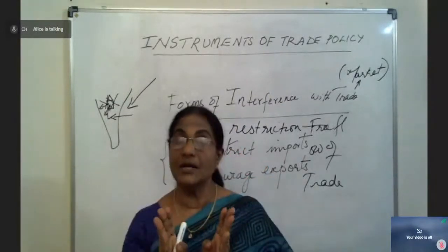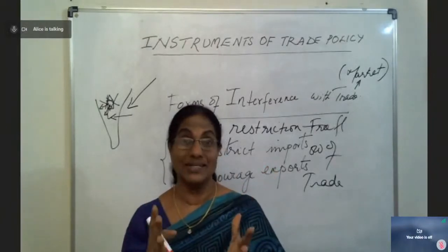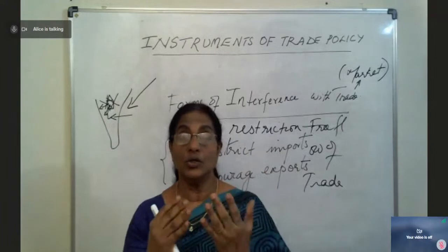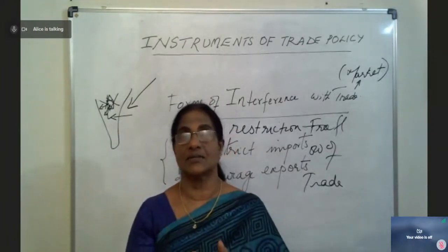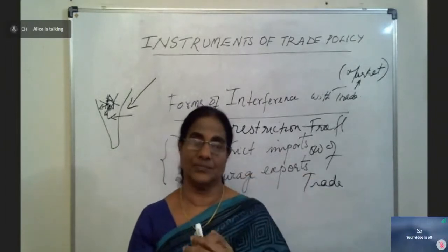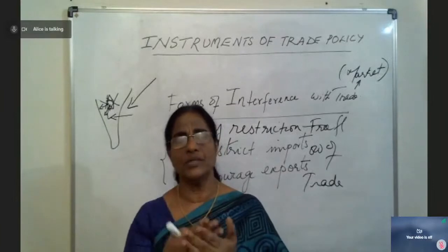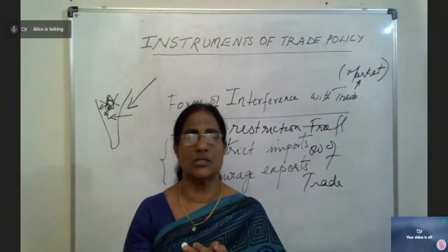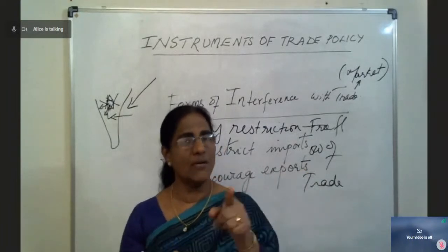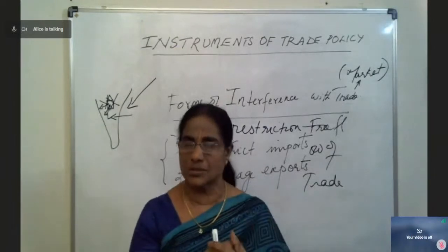Sometimes it is highly visible. Sometimes it is open and blatant. Like the trade war between United States and China. Very open, isn't it? US is telling us, we are not going to allow entry to India's goods, because India, you are not allowing our goods to come, or you are charging tariff on our goods.